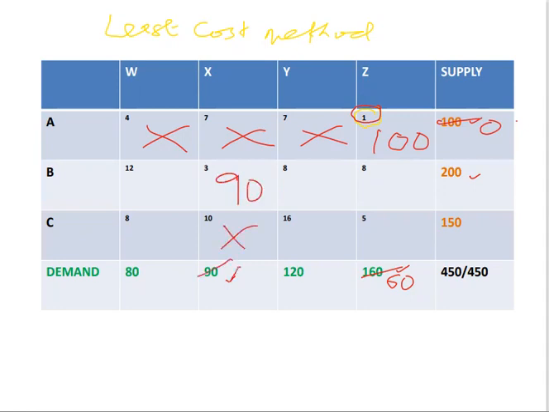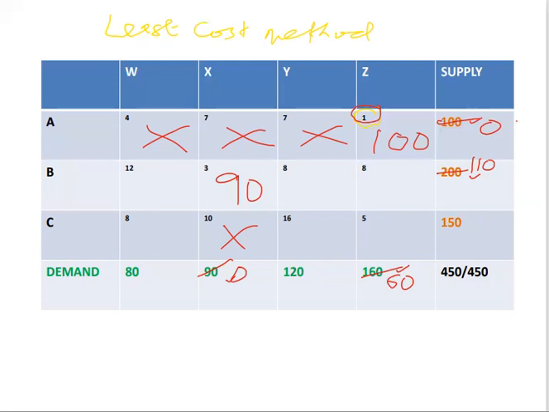Since we have allocated the whole 90, this is out. Out of 200, we have allocated 90. The balance is 110. We cannot cancel out row B because we are yet to allocate the 200 bags. It's only 90 we have allocated. So we are still looking for a buyer of 110 bags.